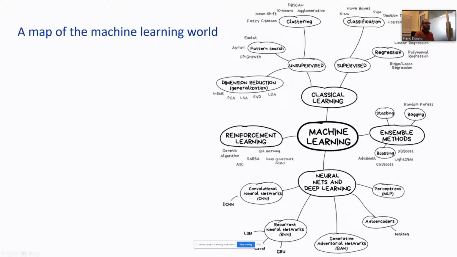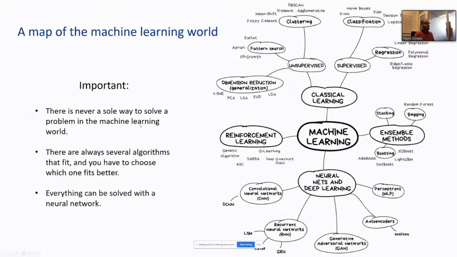For every one of these, you have different types, and a few of them are written in this illustration, different ways in which you can solve that problem. So when you talk about dimensionality reduction, for example, that is an unsupervised learning method. In classical machine learning, you can see t-SNE, PCA, LCA, SVD, LDA, and whatever acronym you can put in. So this is just to guide you through an important principle.